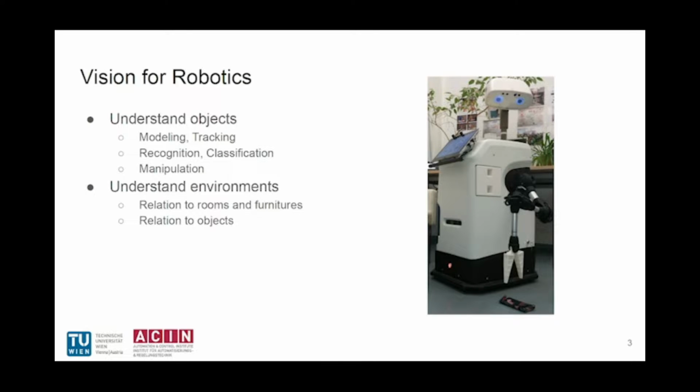There's basically two big axes. The first one is understanding objects through vision, and by object, in this case, we mean anything that can be interacted with by the robot. So typically in the kind of robots we consider, service robots in general, that's mostly mugs on a table, books in a bookshelf, and anything that can be grasped and can be manipulated.